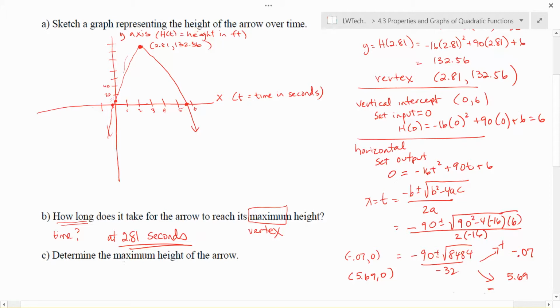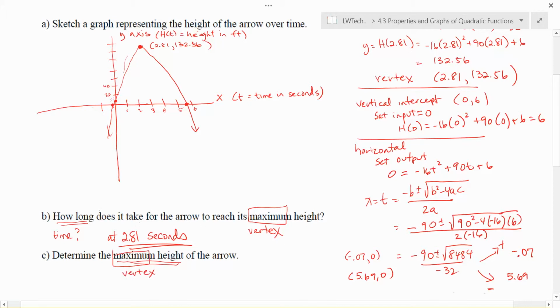Next we're asked to determine what that maximum height of the arrow actually is. Well, this is going to be the y-coordinate of the vertex, because remember, the y-axis measured the height, where the x variable or input variable measured the time in seconds. So the maximum height is also talking about the vertex.